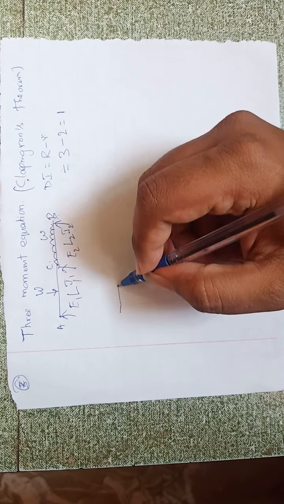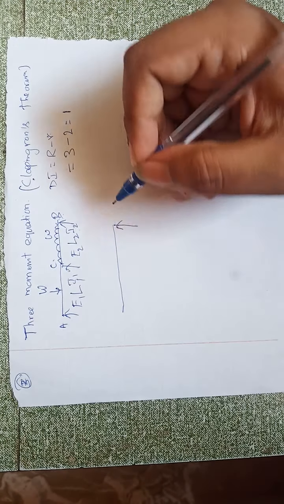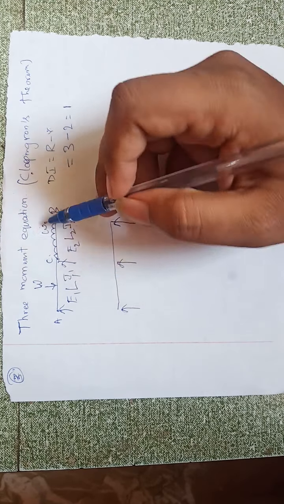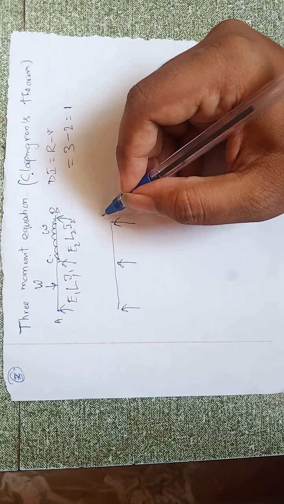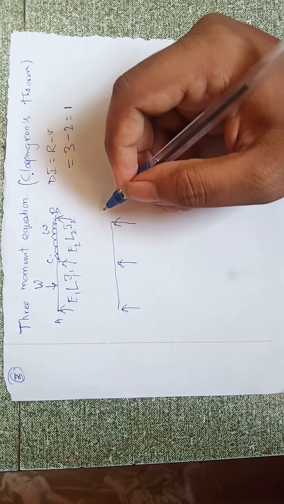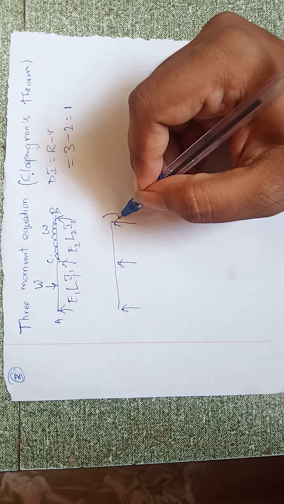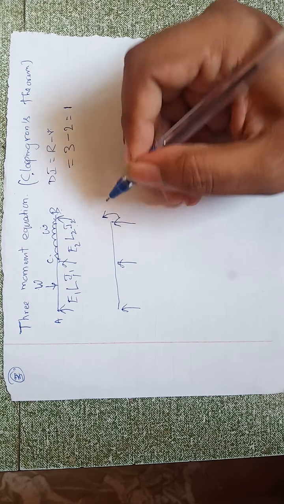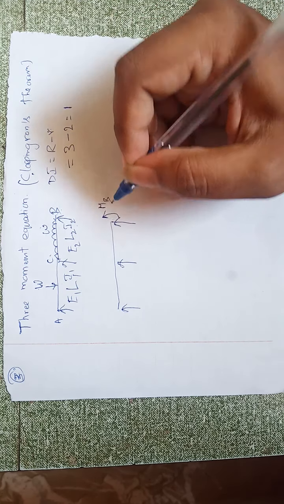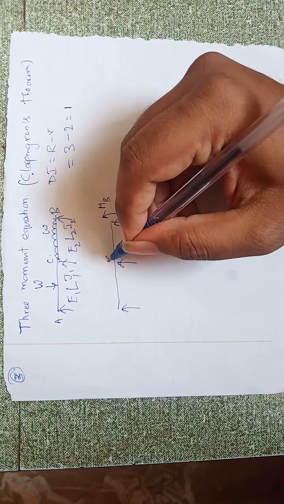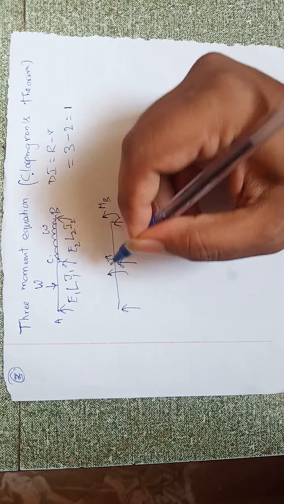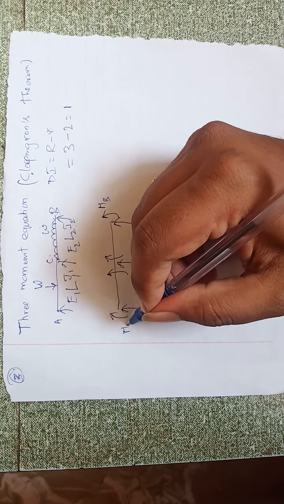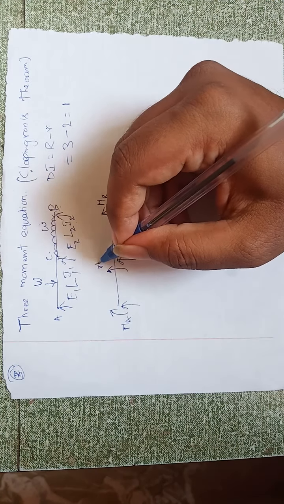So we have to analyze this as, first thing, remove these external loads and consider the moments. So this is MB, this is MA, and this is MC.